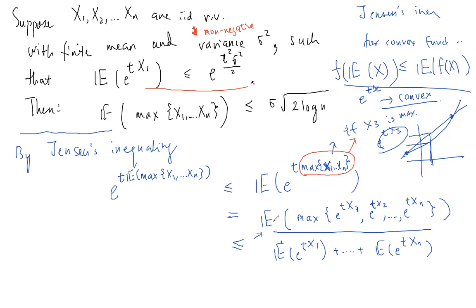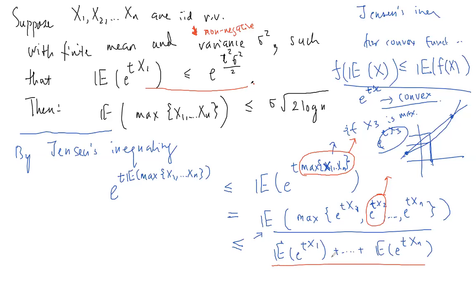All right, because when you take the expectation of the max of this, it's either one of them, right? So maybe let's say in this case it's this guy that is the max. So you're only taking the expectation of one term here, and this is definitely less than or equal to taking the sum of the expectations.